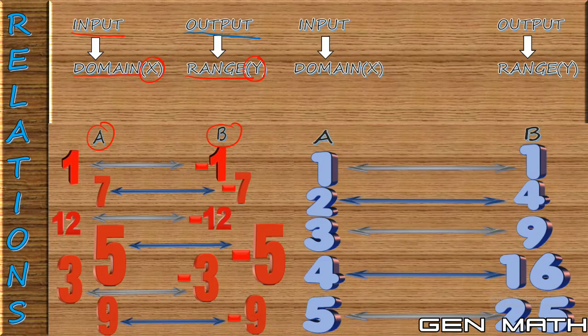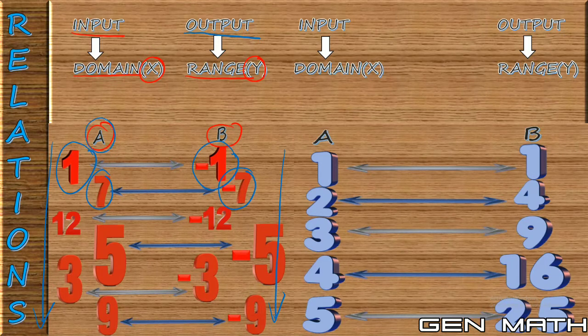So for example, if you're going to input 1 in a relation, expect that the output will be negative 1. Why? Because the rule here is these numbers are the negatives of these numbers. So if we have here 7, the negative of this is negative 7.